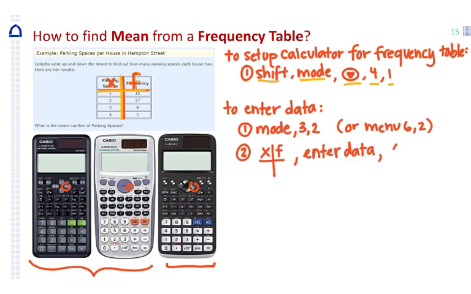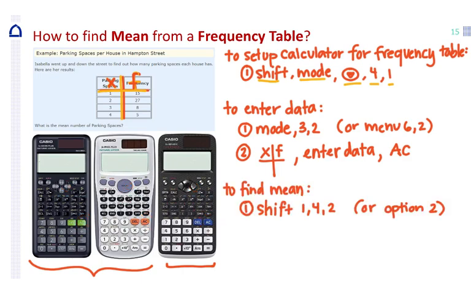After you enter all your data, press the AC button, which is right here. It will seem like you erased everything, but you didn't. It's saved. So then to find the mean, for these first 2 calculators, you will press Shift 1, 4, 2.